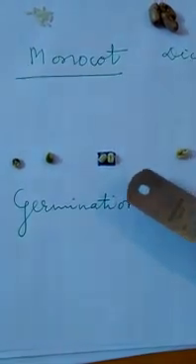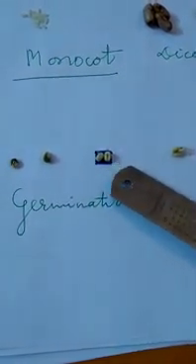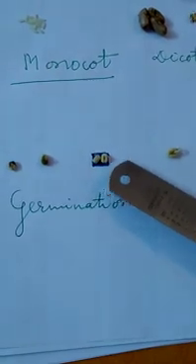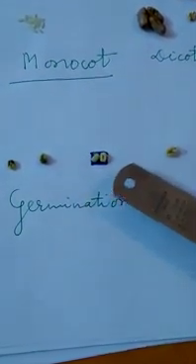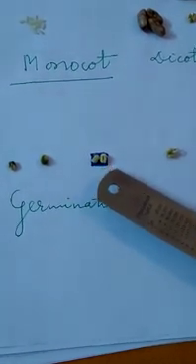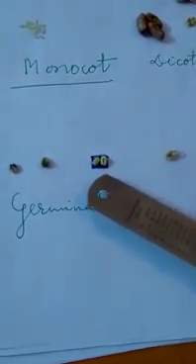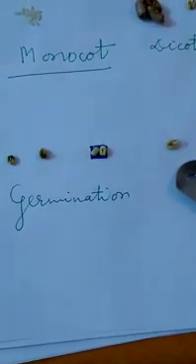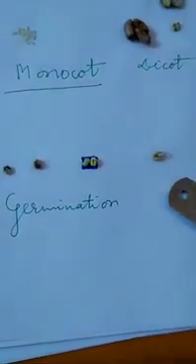Then when the plant starts making food, the problem of food will disappear, because the cotyledons will be exhausted, and the new leaves will be seen for the process of photosynthesis.